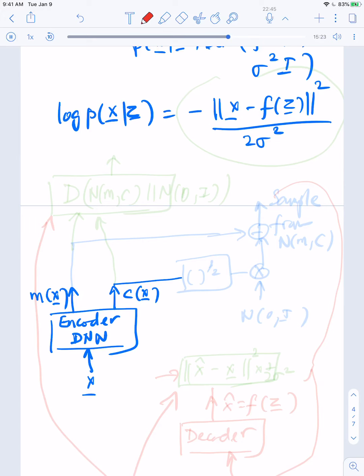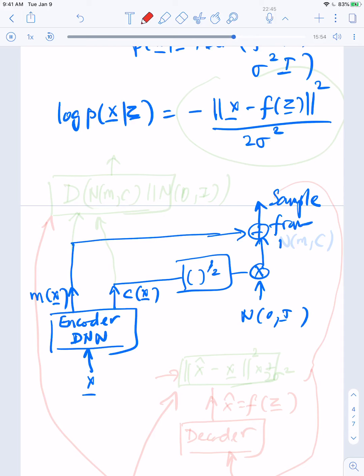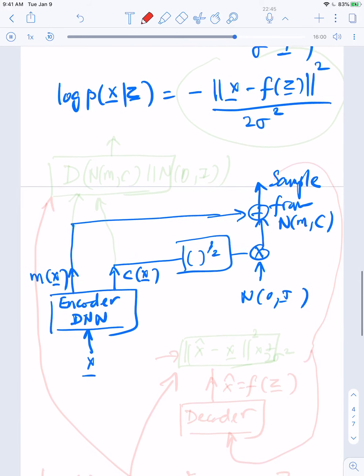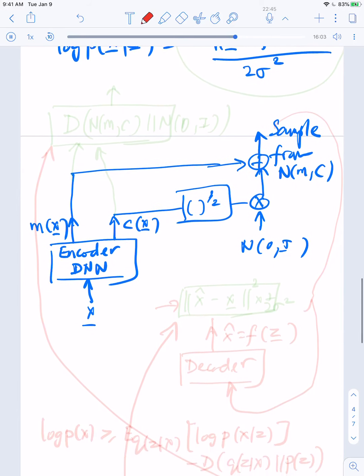I will then take the square root of the covariance matrix and multiply it by a randomly generated sample from a Gaussian with zero mean and white covariance, and then of course I'll add the mean to it, and that gives me a sample from Gaussian M, C.